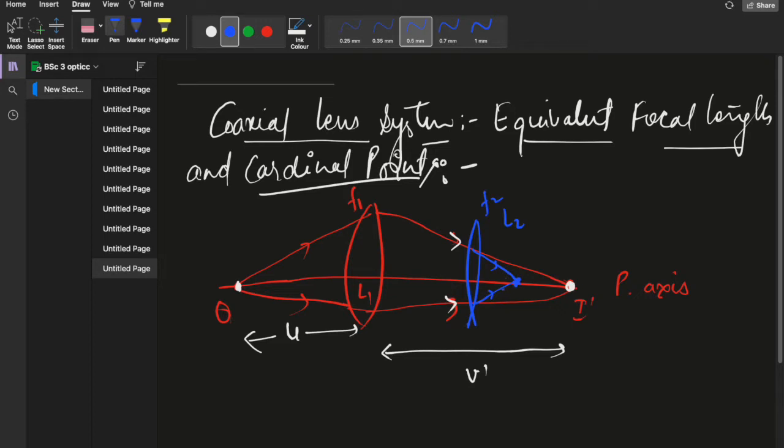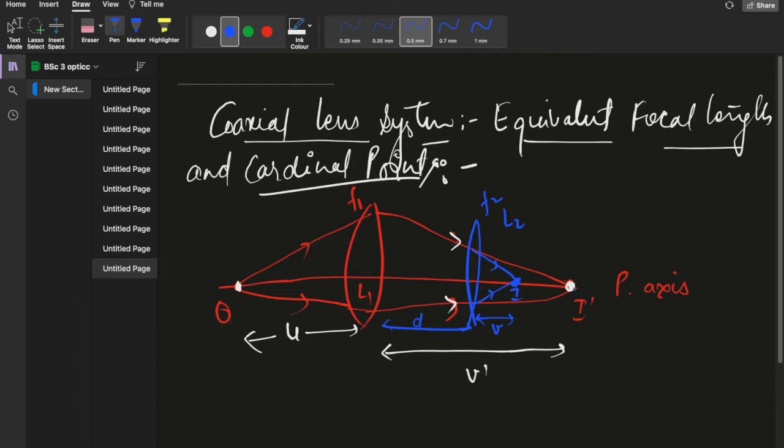Say this is the final image obtained from the coaxial lens system, at I, which is V distance away from the lens, and the separation between the two lenses is D.